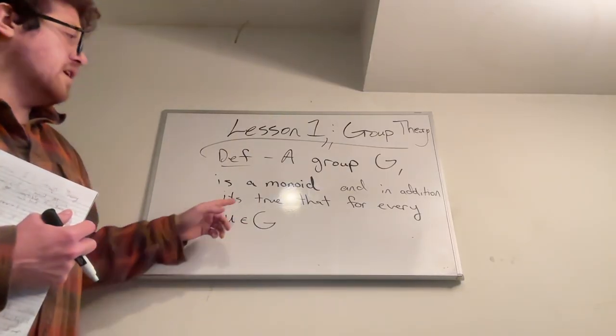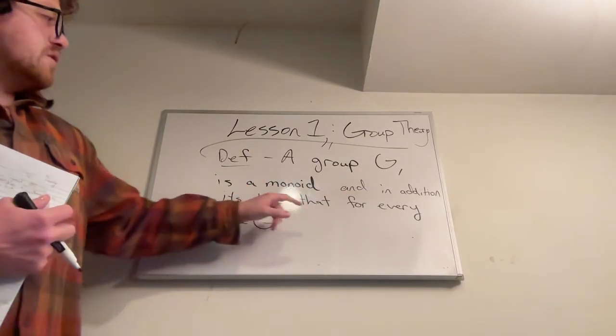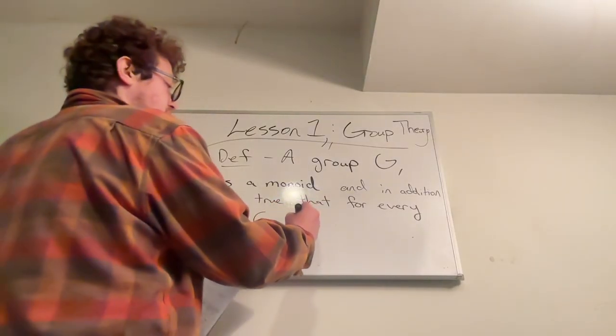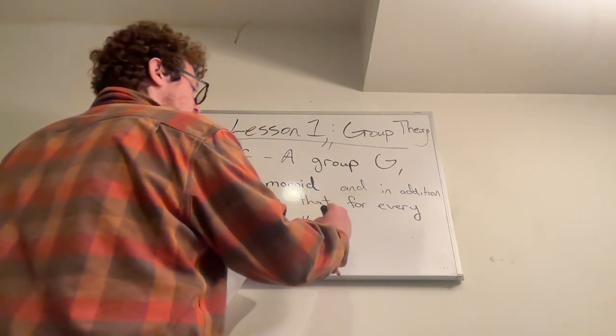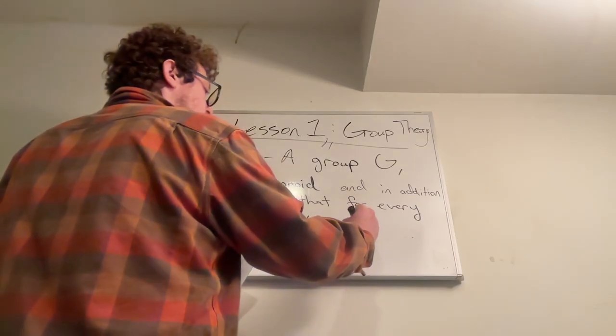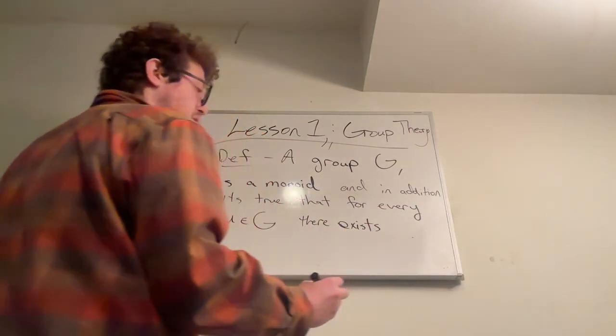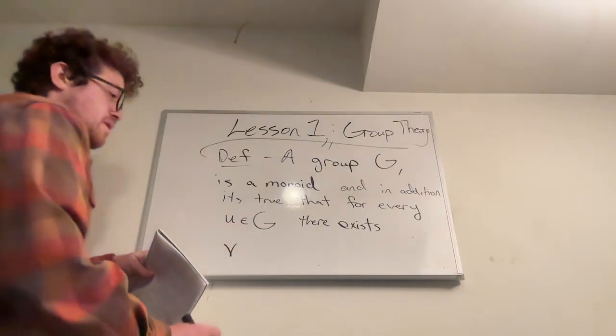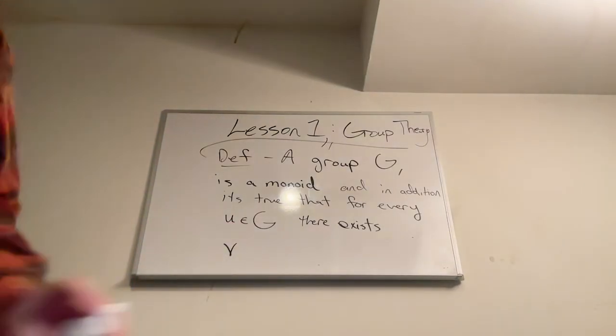So in addition, it's true that for every element U in the group, there exists another element, which we'll call V. That's maybe hard to read, so I'll call it U prime.